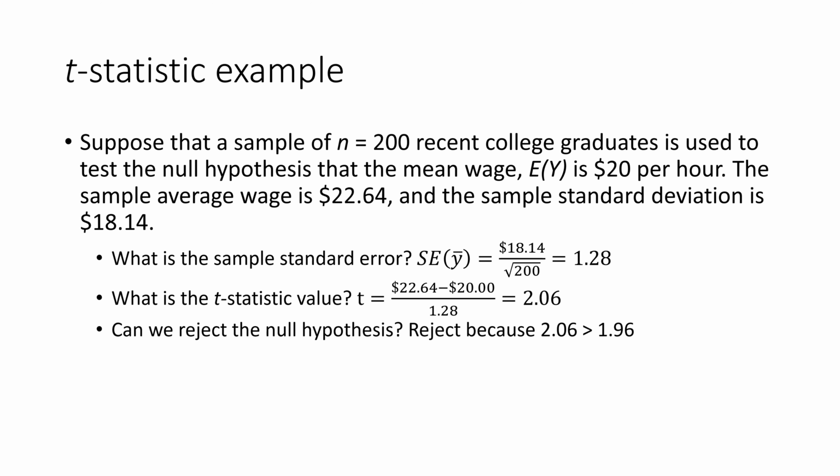You can use this when we work on our final projects, when you work on anything you're doing. If you get a t-stat that is greater than 1.96, you can reject your null hypothesis, or in other words, you can say that the average of $20.64 is statistically different than your hypothesized value of 20. Right? These values are statistically different.